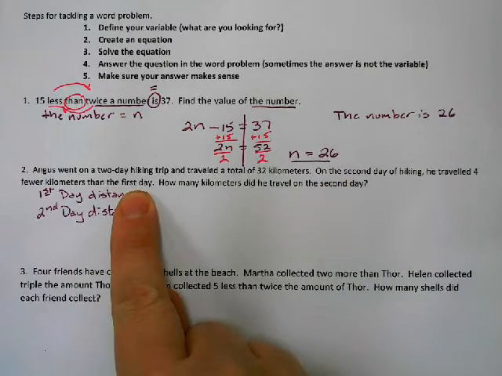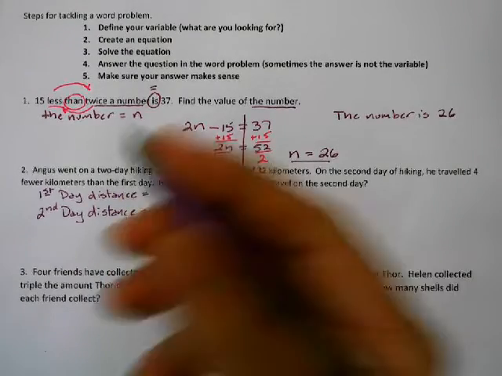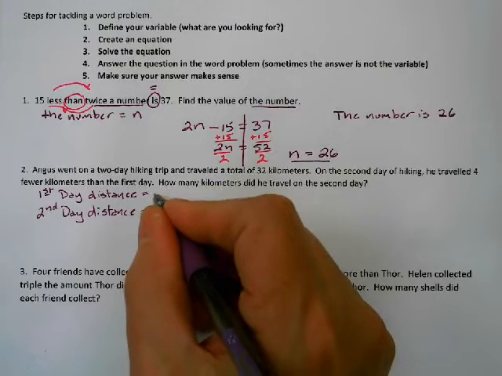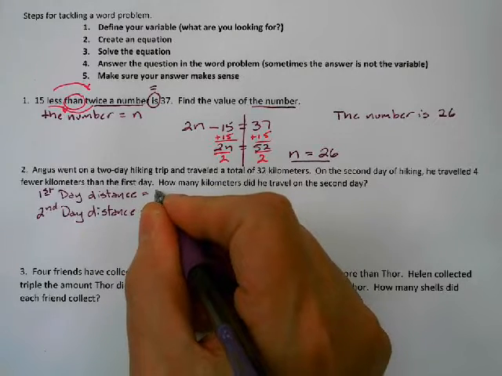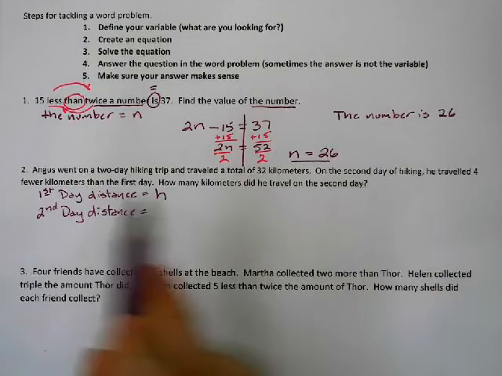So that's telling me I need the first day to be my variable because the second day is being compared to that day. So I'm just going to call it H for hiking. Sure, why not? So I'm going to make the first day H because the second day is being compared to that day.